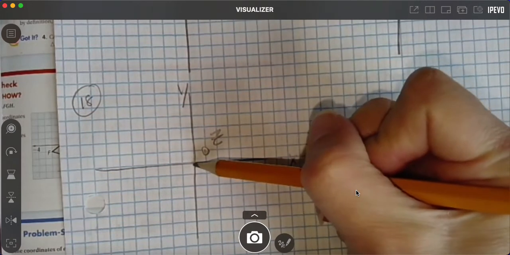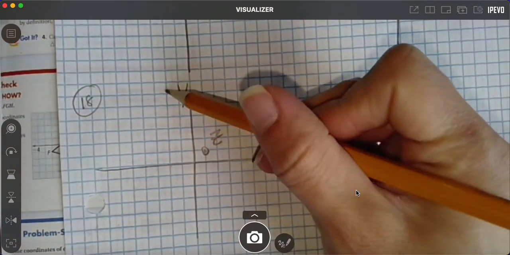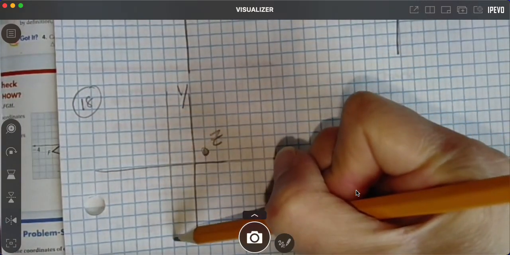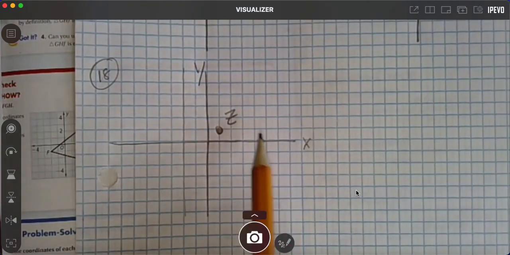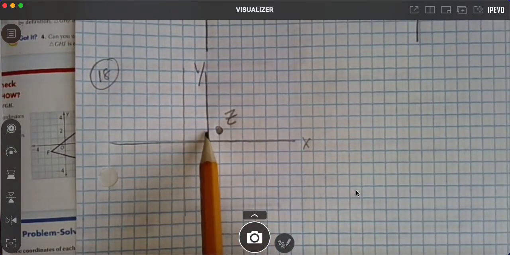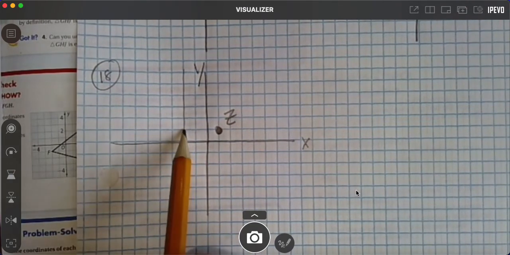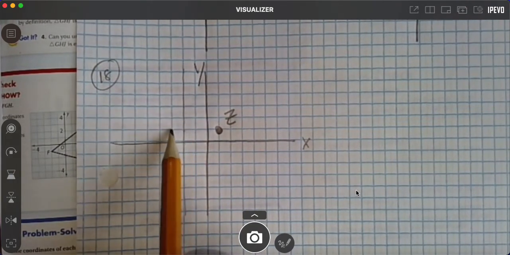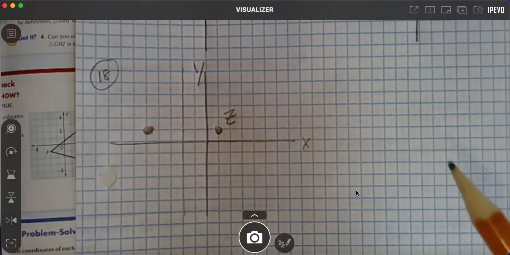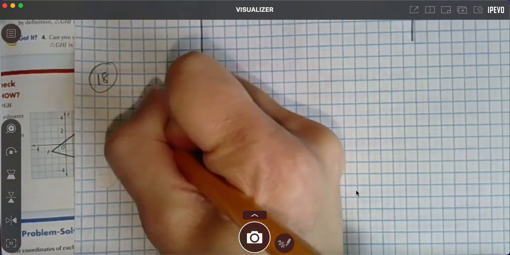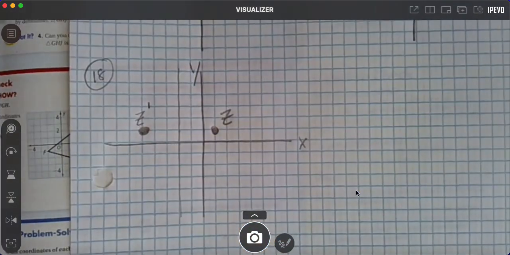So I'm going to go over to -2 and draw that little line. If I reflect it across there, let me count. 1, 2, 3. So how many spaces do I need to go? 1, 2, 3. And what do I call this? Z prime.